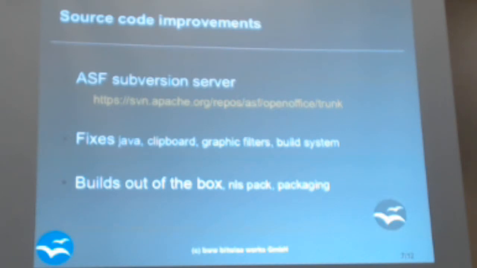We did a lot of fixes to OS2 code, to support Java, support clipboard, something in the graphic filters, and more recently, a lot of changes in the build system, because in OpenOffice 2 and 3, the build was not completely automatic.